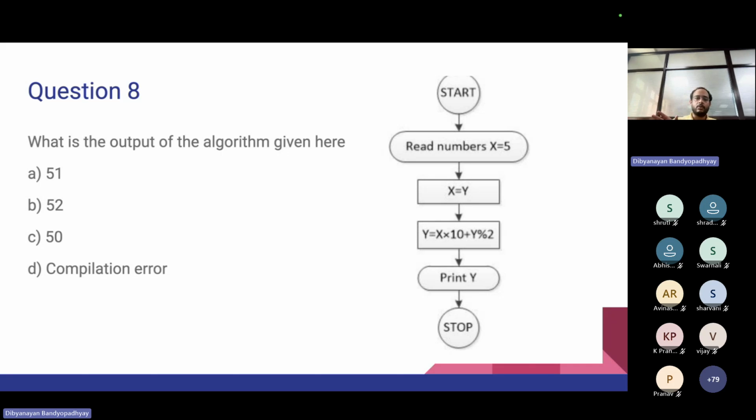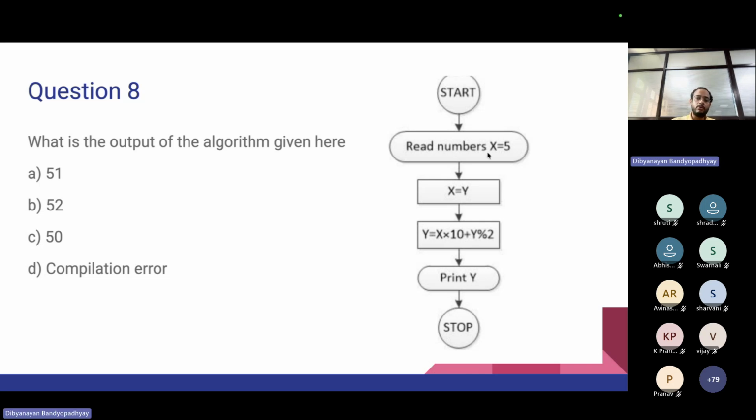But that will be a garbage value because we directly did not assign anything to y. So this x will also now have a garbage value. You initially assigned x equal to 5, but now you are assigning x equal to y, which is not even defined. So in the best case scenario, it will be a garbage value, or if y is not defined at all, then in this part itself, the program will throw a compilation error actually.